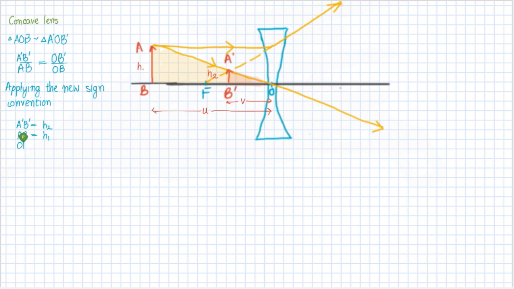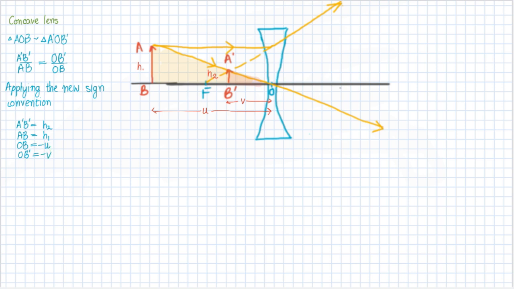minus u. Similarly, your image distance OB dash is also measured from right to left, which is opposite to the direction of the incident light, which is from left to right. So since your image distance is measured in the opposite direction, OB dash, which is your image distance, should be negative, and it is represented by small v. So OB dash equals minus v.